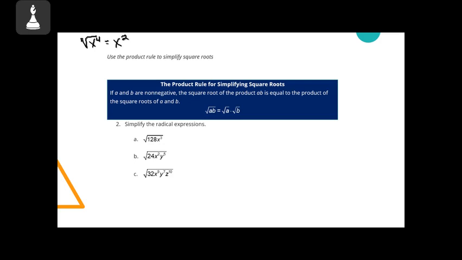So the square root of x to the 4th is x squared. Now, how do I know that? Well, I know that x squared times x squared gives me x to the 4th. And that's exactly what a square root is telling me, right? The square root of 9 is equal to 3 because 3 times 3 equals 9. You're looking for what times itself makes that number.